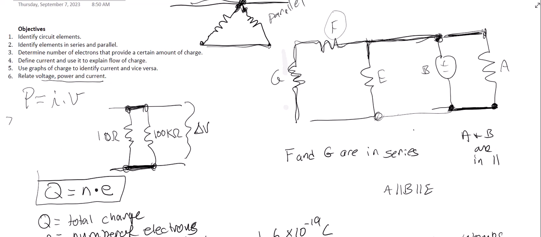Something I didn't put up here that y'all will be doing a lot in Chapter 2 and for the rest of your career is Ohm's law. Ohm's law is V equals IR. So voltage equals the current times the resistance. And that's super important.